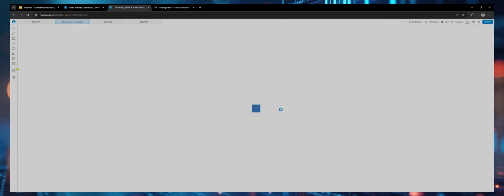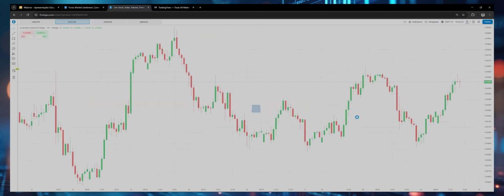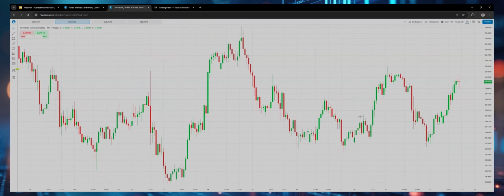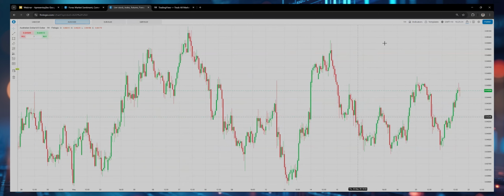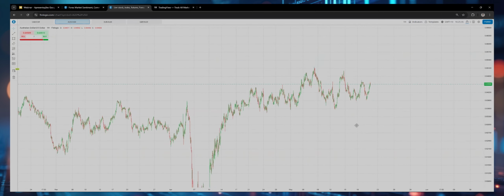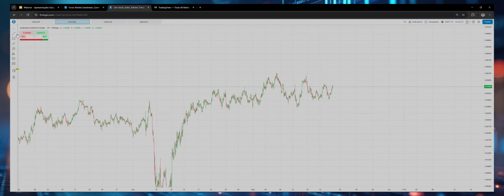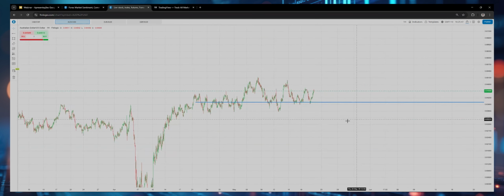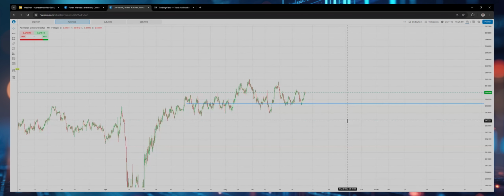Let me just bring it here. Right, so that's a 1 hour time frame. It's pretty consolidated at the moment, right? As we can see, I had a look at the HSBC report, and they said they were expecting some sort of consolidation at the 64 level, and that's exactly what we're looking at.